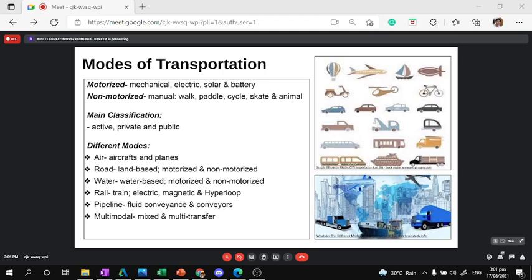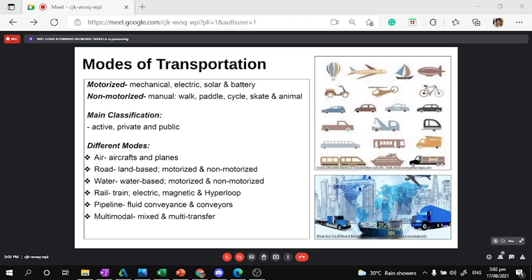Now, we're not talking only about land, no? We also have different modes based on the application in air, road, water, and then so forth. So in air, it could be motorized and then private or public because there are aircraft or planes with jets that have an owner. But we also have commercial aircraft used as planes.